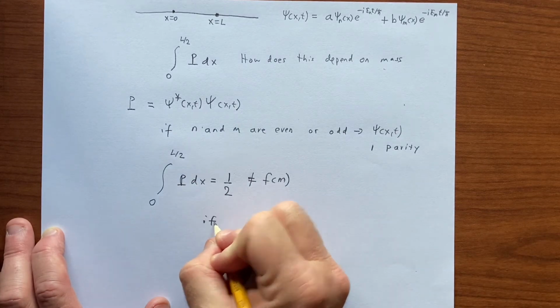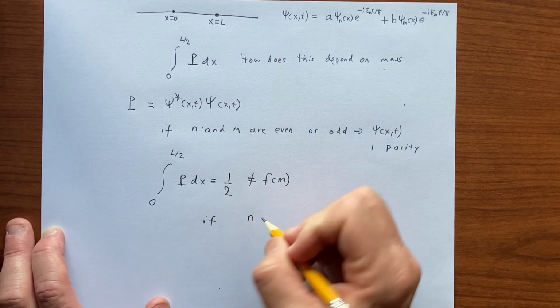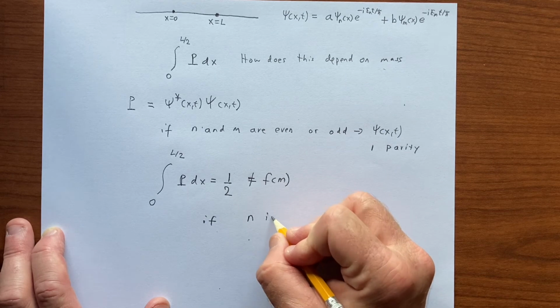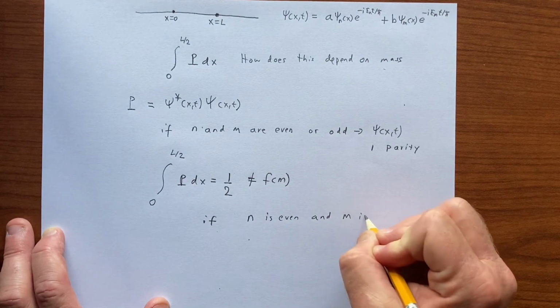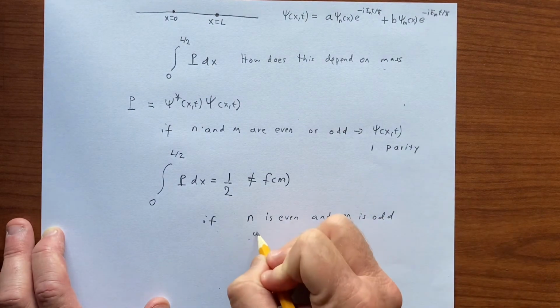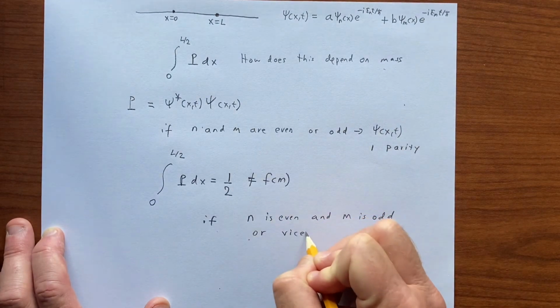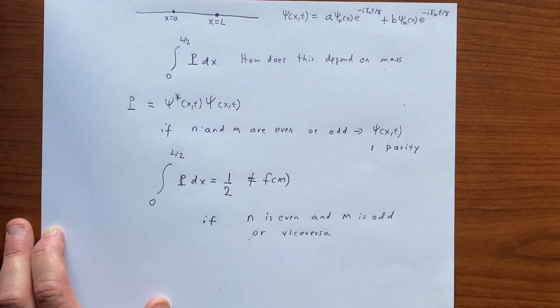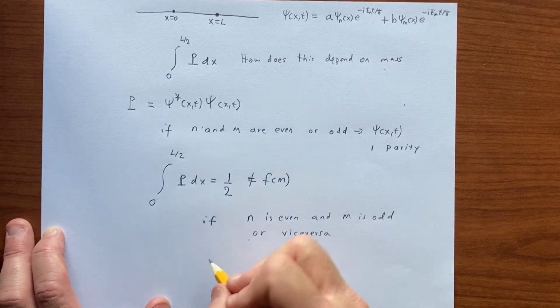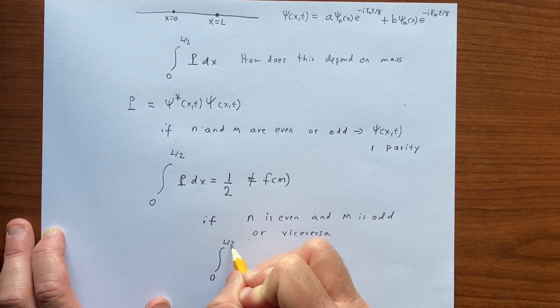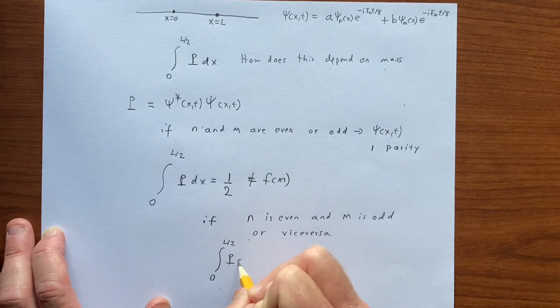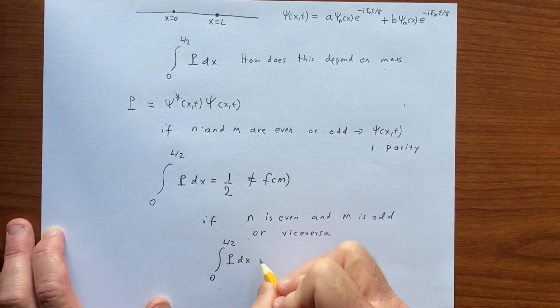Whereas if n, say, is even and m is odd, or vice versa, then there's time dependence here. What follows is that this integral will be time dependent.